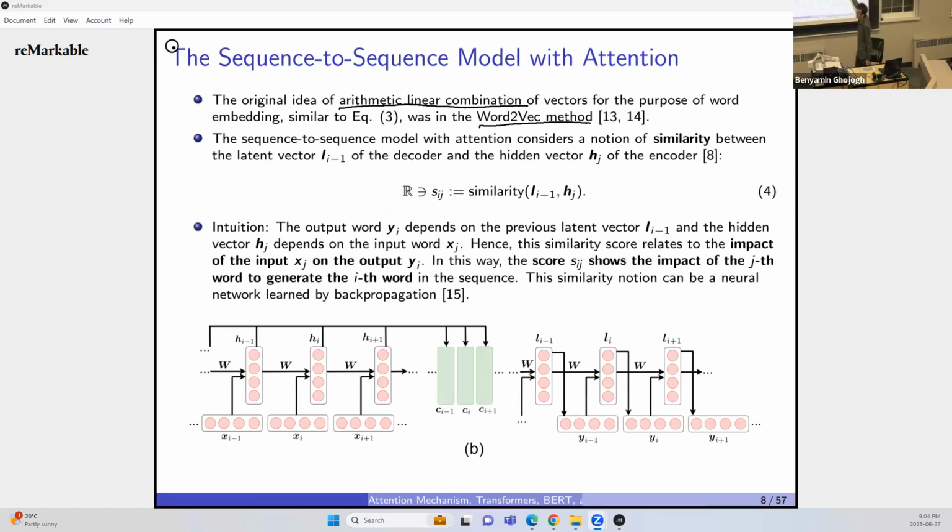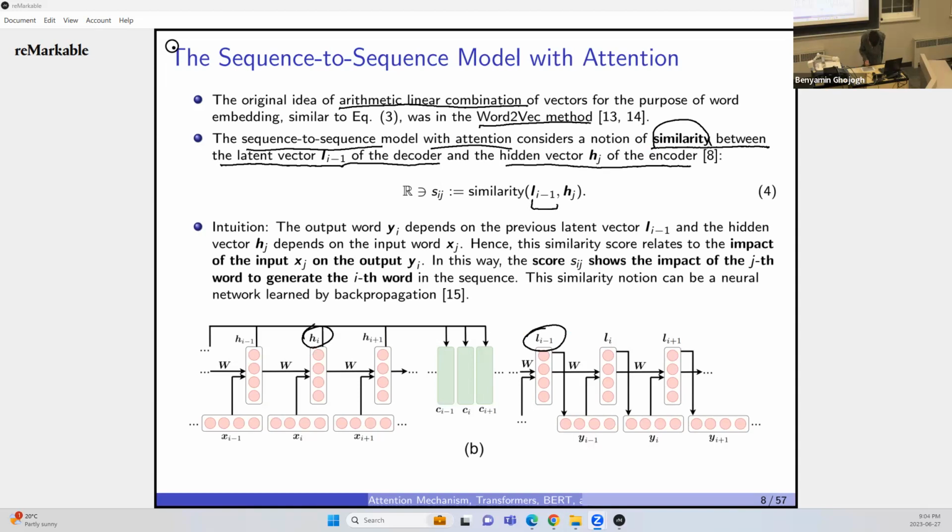Now the idea is very similar. We have a linear combination here. The sequence-to-sequence model with attention considers a notion of similarity between the latent vector Li-1 of the decoder and the hidden vector Hj of the encoder. So we have Li-1 and Hj.